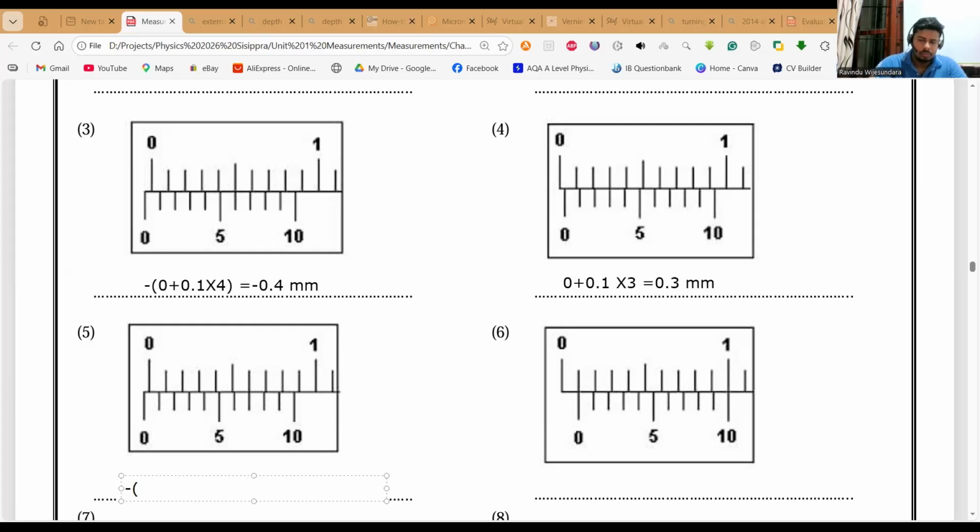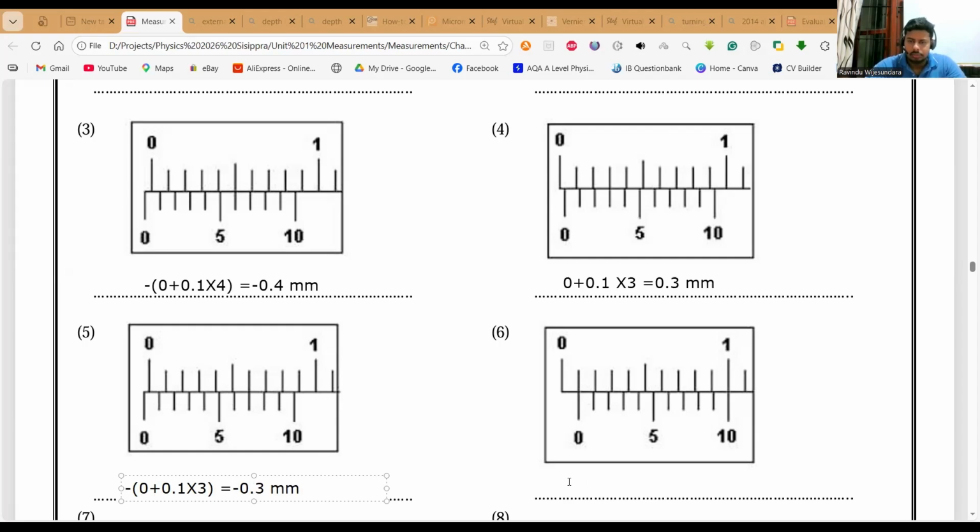Negative 0 plus, here the least count is 0.1, multiplied by the division coinciding, 1, 2, 3. The third one is the coinciding one. Therefore, minus 0.3 millimeters is the zero error.